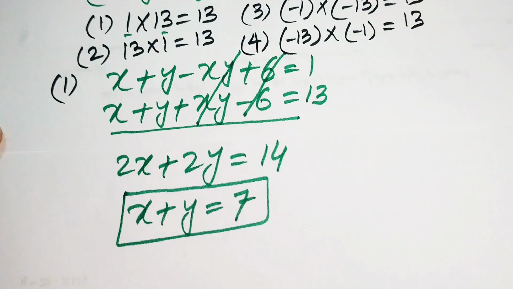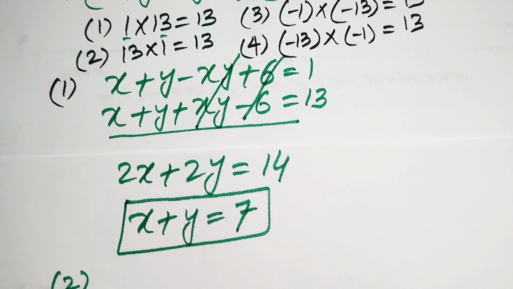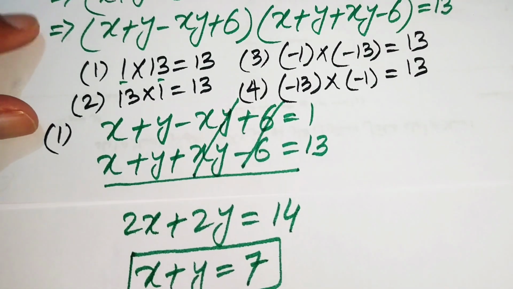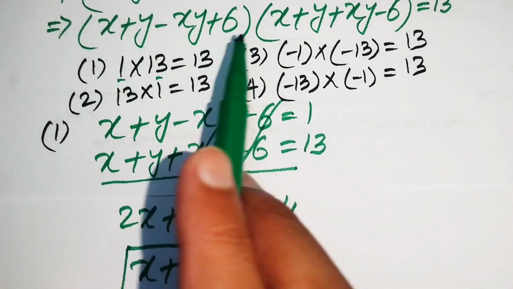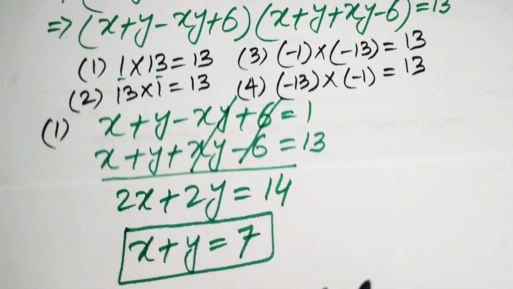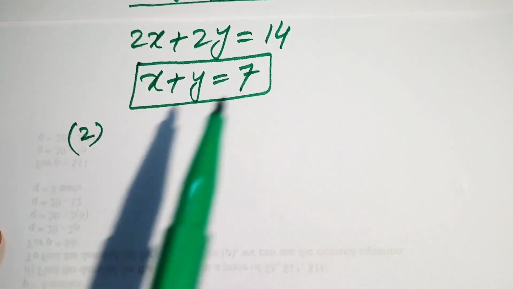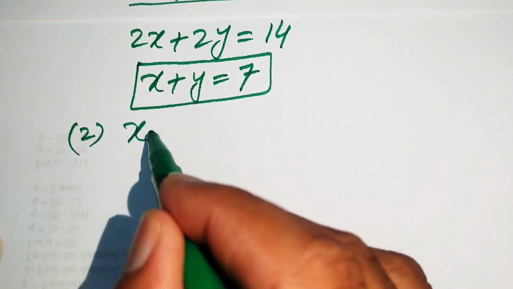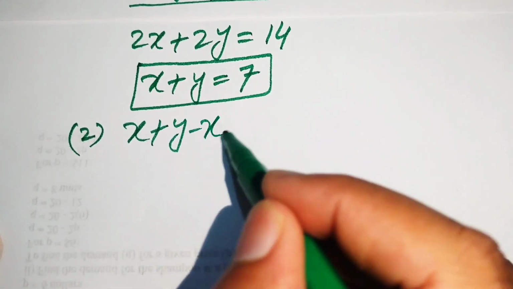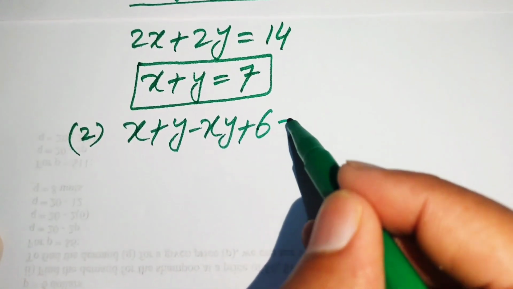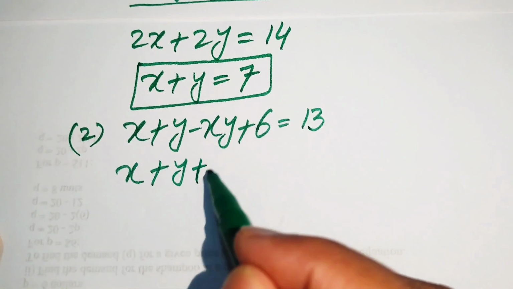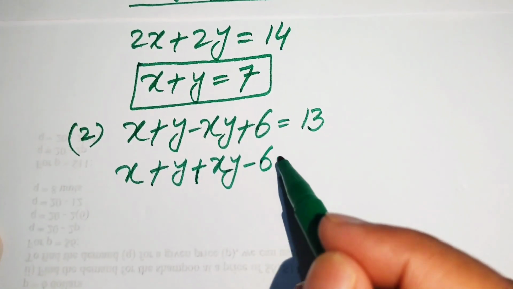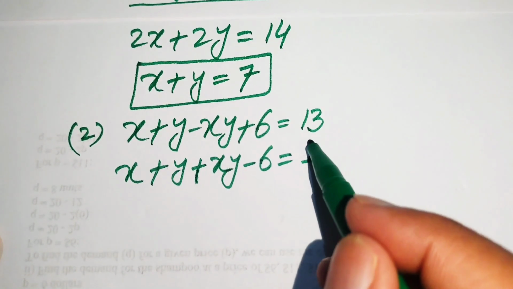Now we compare our given equations with case number 2, which is 13 and 1. We compare these two factors with 13 and 1, and case number 2 is written as x plus y minus xy plus 6 is equal to 13, and x plus y plus xy minus 6 is equal to 1.